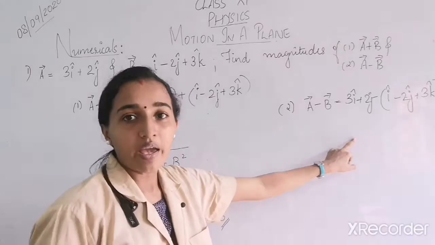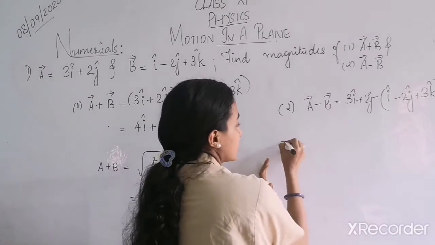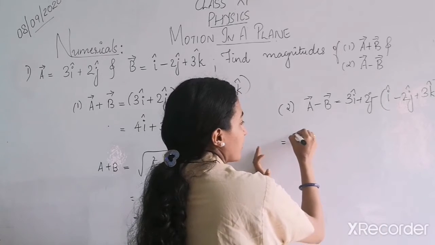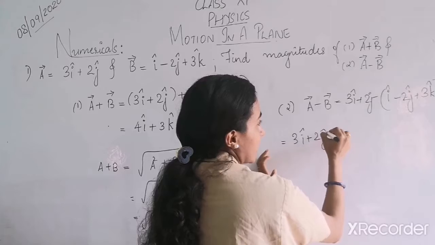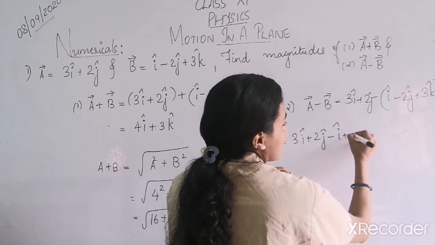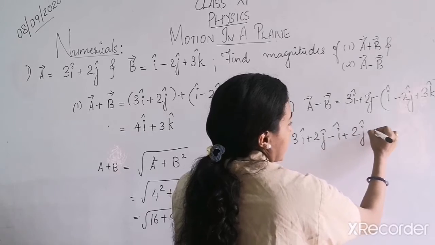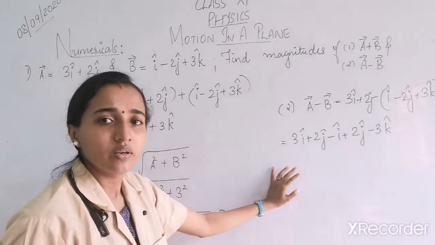So this is a minus b. Now since here it is negative, when you open the bracket you have to be careful. 3i plus 2j minus i plus 2j minus 3k. Nothing, simple mathematical steps only.